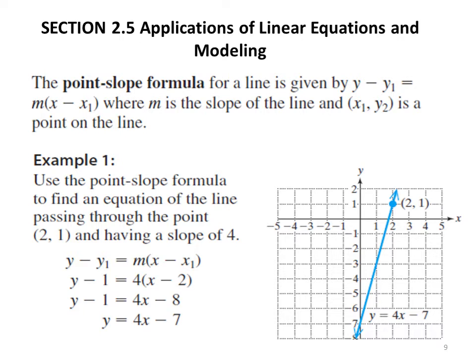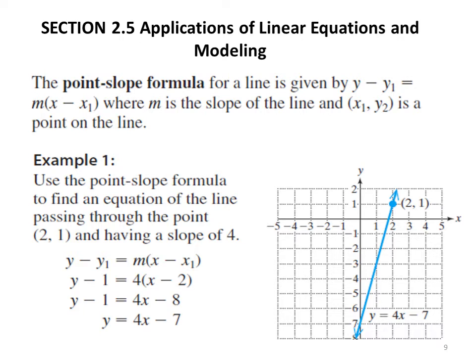So here is an example of how to do this. We want to use the point slope formula to find the equation of the line passing through the point 2, 1 and having the slope equal to 4. The slope is 4, the known point is 2, 1. So here in the formula, x1 is 2 and y1 is equal to 1.